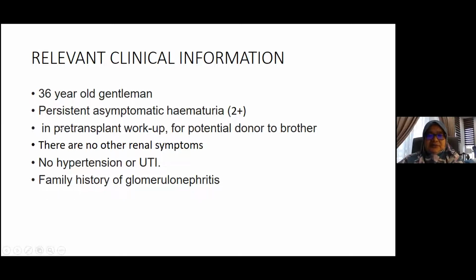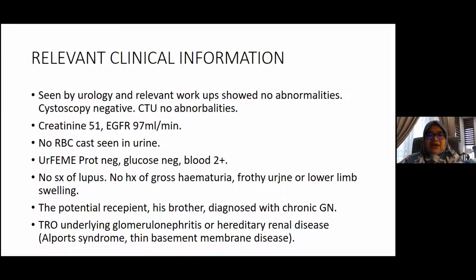As part of the workup, he was seen by the urologist, and relevant workups showed no abnormalities, including negative cystoscopy and CTU. The creatinine was normal, eGFR was okay, no red blood cell casts in the urine. There is blood, but otherwise no protein or glucose, no history of lupus, no history of gross hematuria, frothy urine, or swelling of the lower limbs.